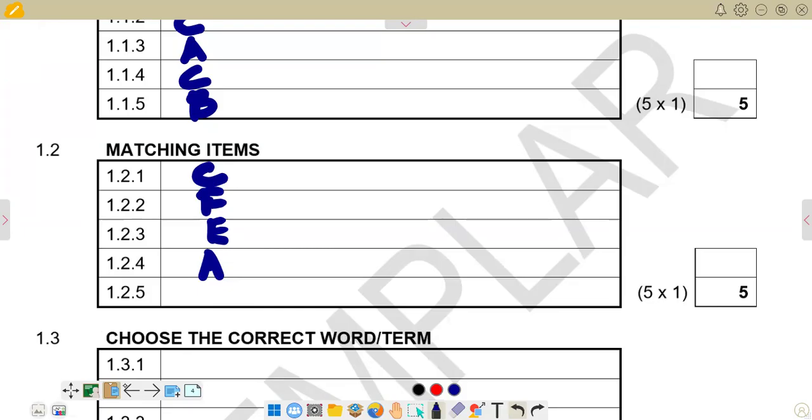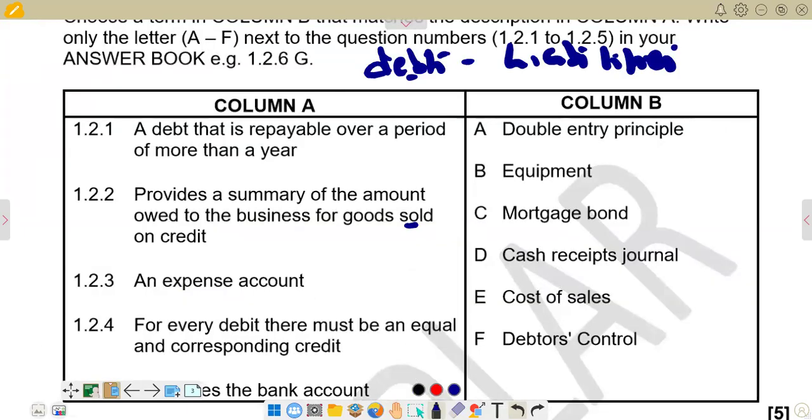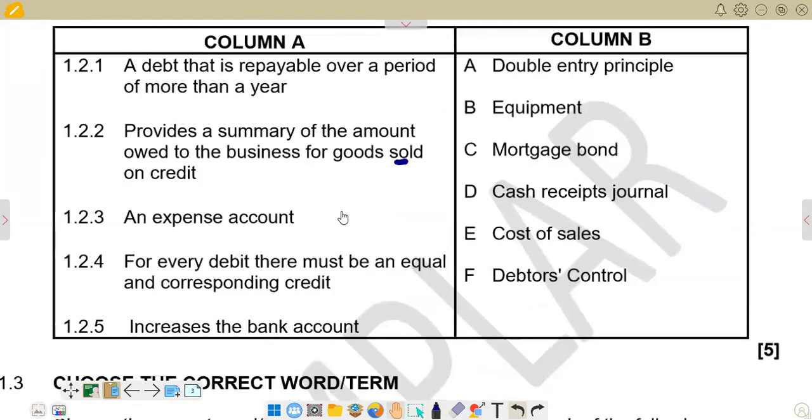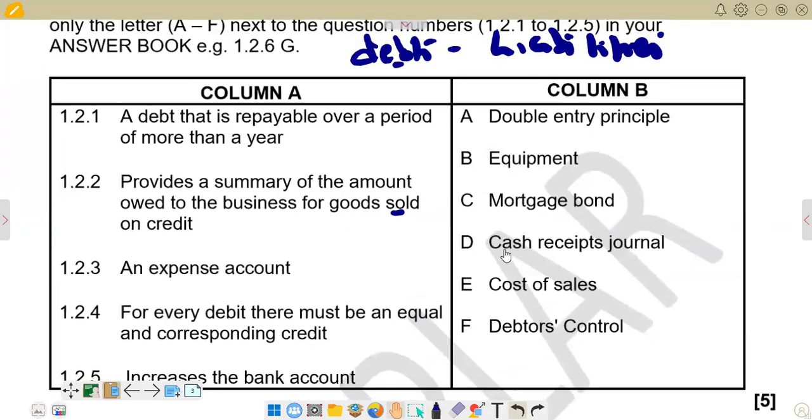Then we can just try to see what we have in terms of 1.2.5. 1.2.5 is increases the bank account. So I would want to see which of the responses that we are given can increase the bank account. But we see that we have got our D there, which is cash receipts journal.